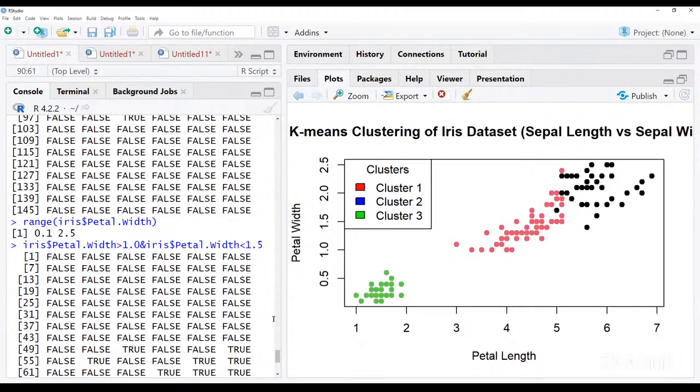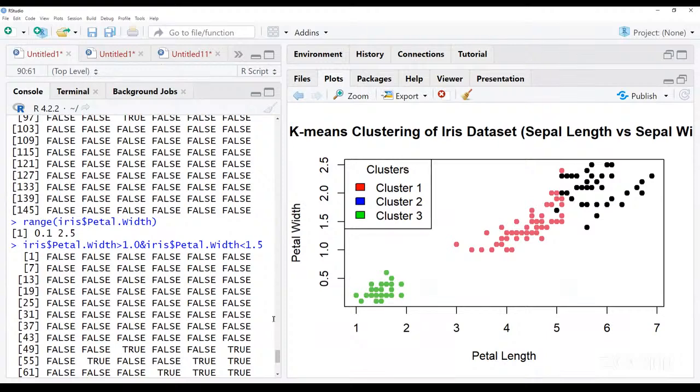What is the position that will show? And how many people are there, that is also possible. How many people are greater than 1.0 and less than 1.5, that is possible.